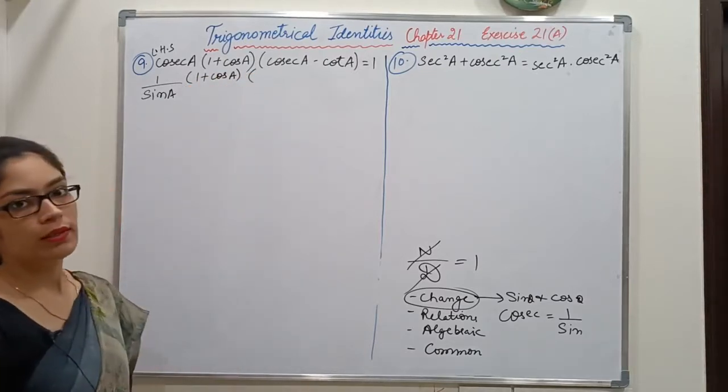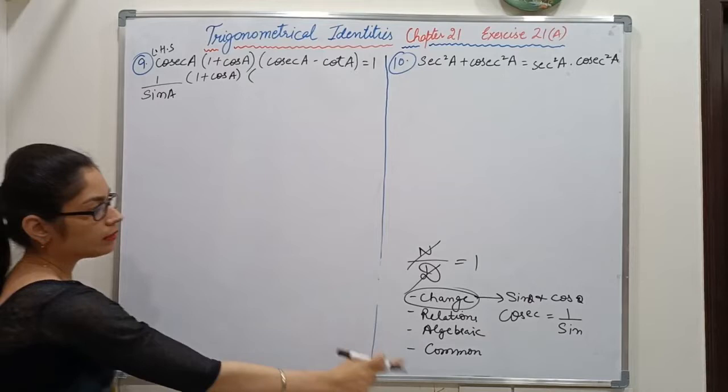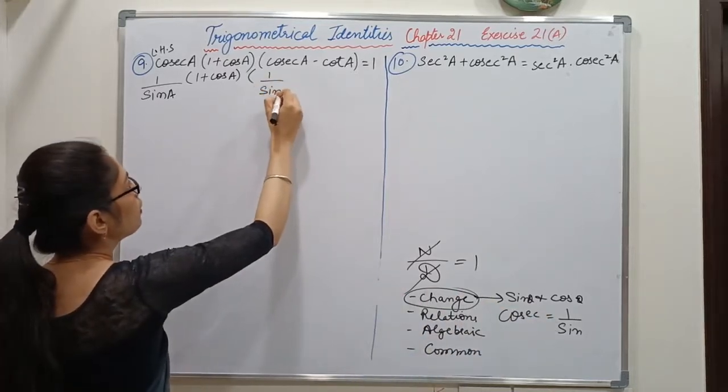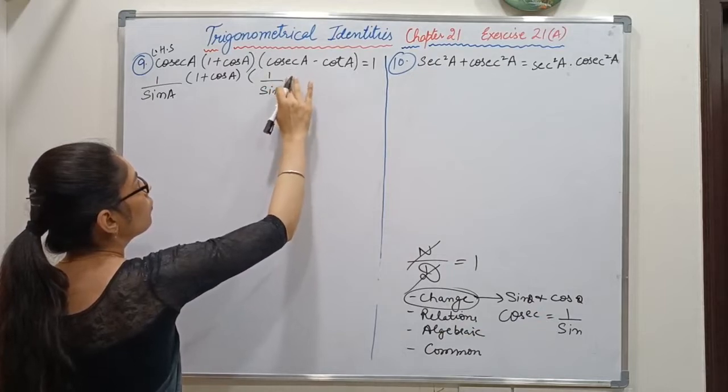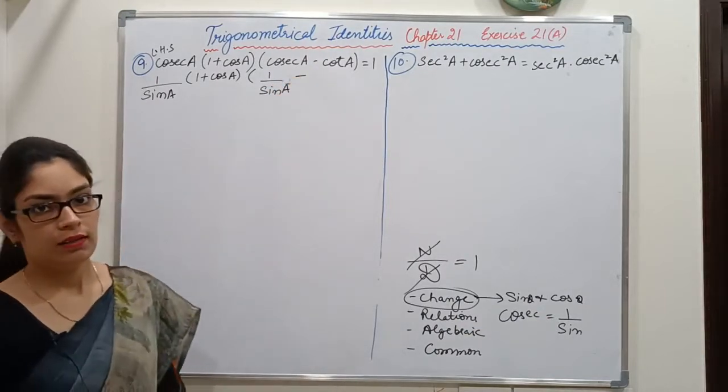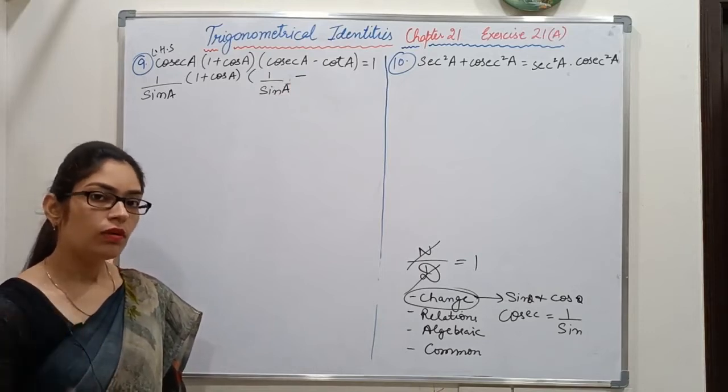Cos no need to change, as it is already in cos form. Cosecant and cot: cosecant I have already written as 1 by sine A, minus cot A. Cot is the reciprocal of tan.